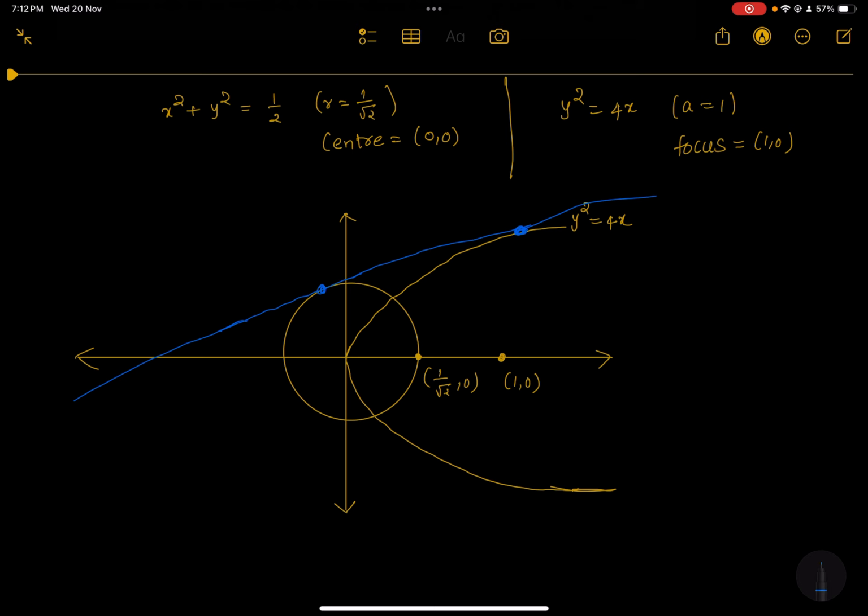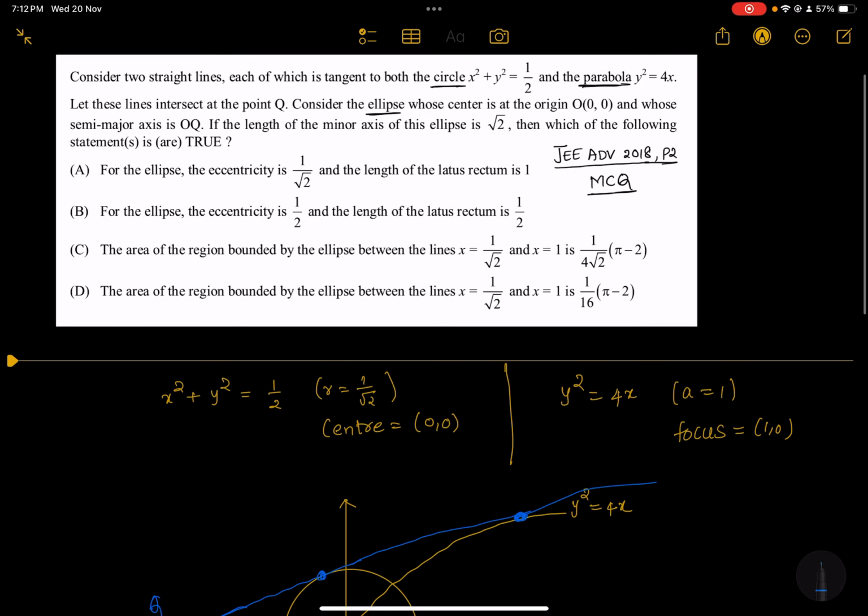Let us draw one more straight line. Let us say this touches the parabola somewhere here, and both of these straight lines intersect at a point Q. It is given in the question.